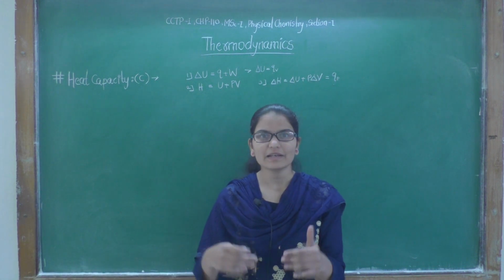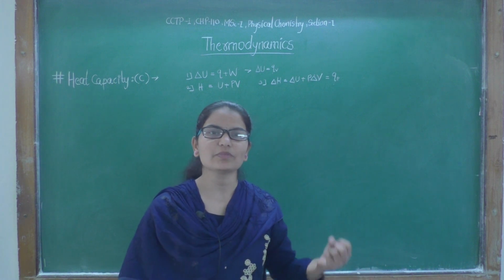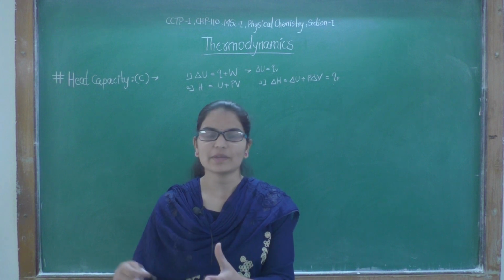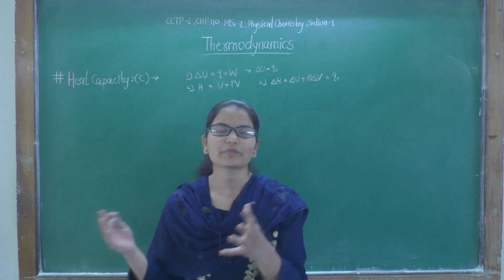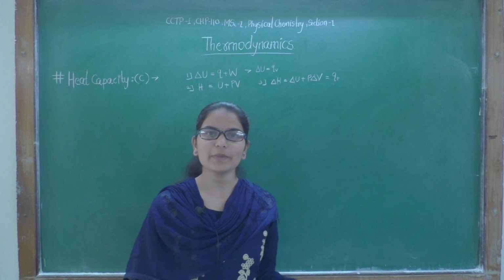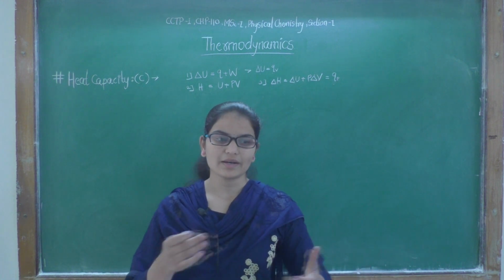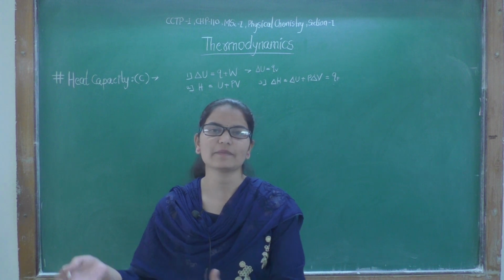The technique in which the heat is measured, that is change in energy in the form of heat is measured, the method is called as calorimetry and the instrument is calorimeter. What we do? We just do the process in the calorimeter.